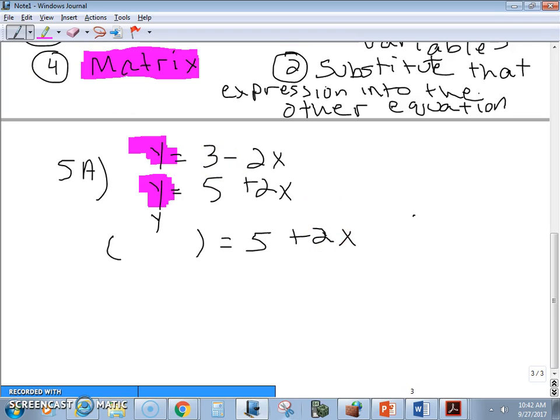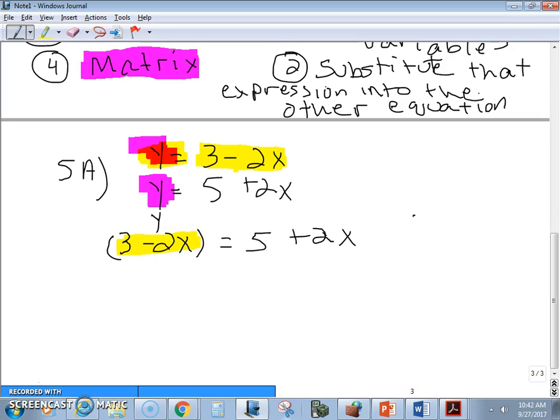But instead of putting y there, since y is the same thing as 3 minus 2x, that's what equals means, I'm going to put 3 minus 2x right where the y was. Because remember, we can only solve an equation if it only has one variable.